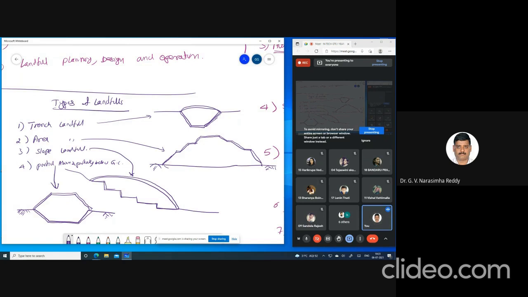So from the aesthetic point of view, trench landfill is good. It looks good. And when you close it, it looks like a natural ground. After closing with a cover, and if you keep grass, turfing and other things, it still looks beautiful. That is the advantage. Now, what is the disadvantage?